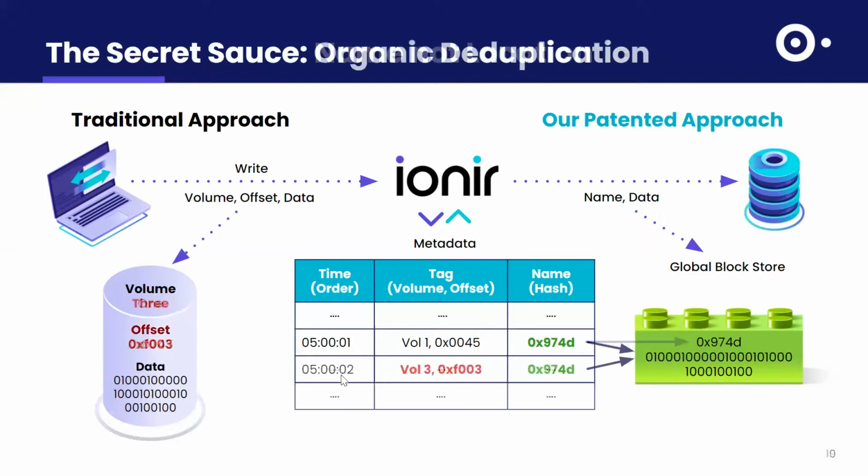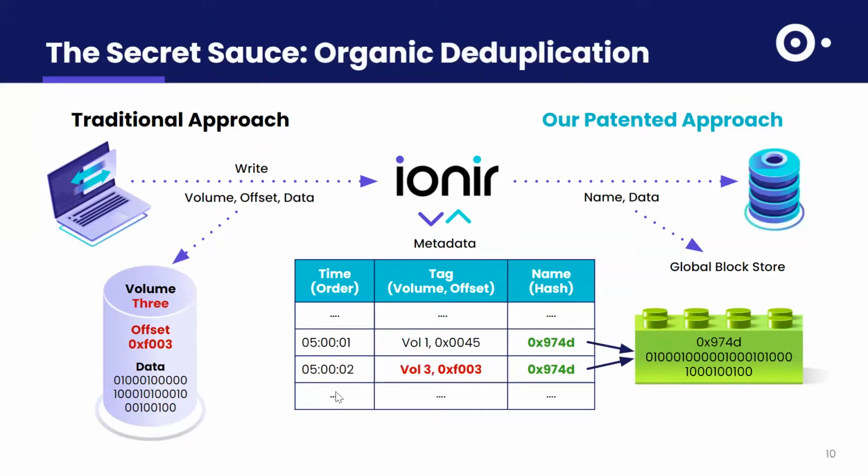Now, let's say at 5:02, the application comes in and it wants to write to volume 3 at offset 03, but it wants to write exactly the same set of ones and zeros. Well, we're not going to write another block that has the same hash name. And remember, the hash is directly associated with this set of ones and zeros.